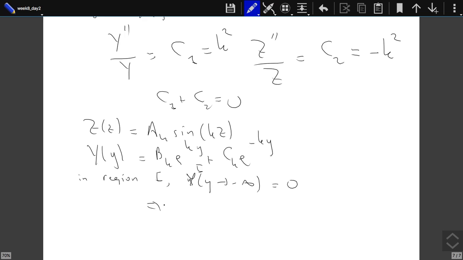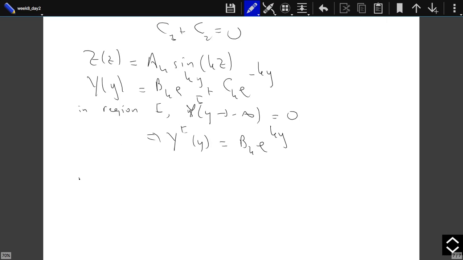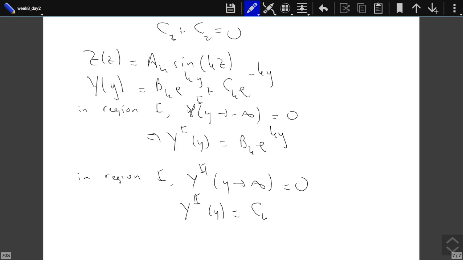So this tells me that the y function in region 1 is actually bk times e to the power ky. And in region 2, as the coordinate y goes to infinity, the y function should go to 0. So this tells me that the y function in region 2 is equal to ck times e to the power minus ky.